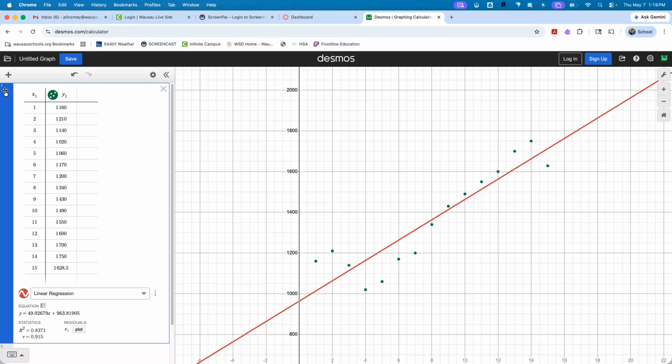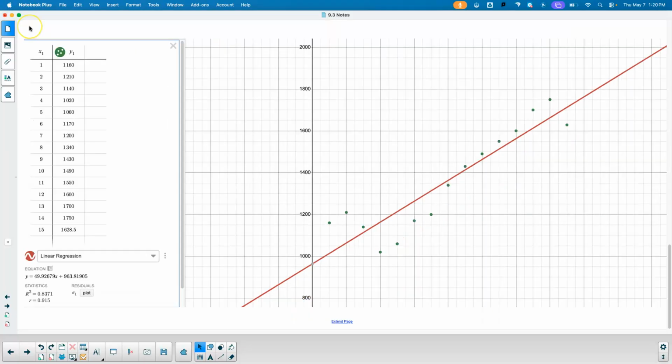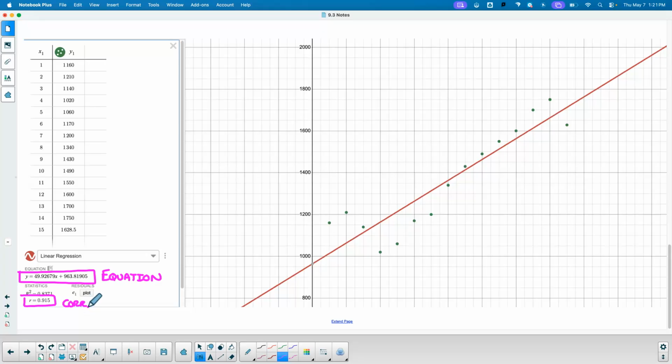Good on that? So the equation I should say is right here. And my R value, my correlation coefficient, is right there.